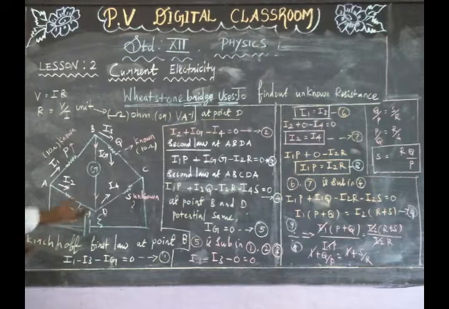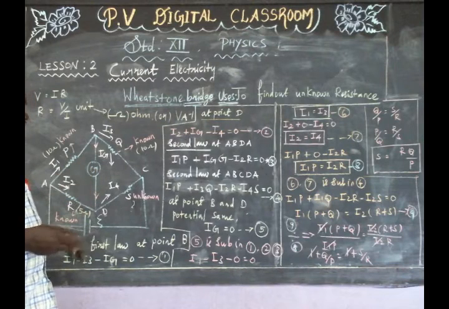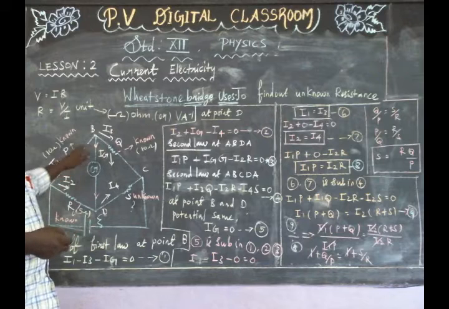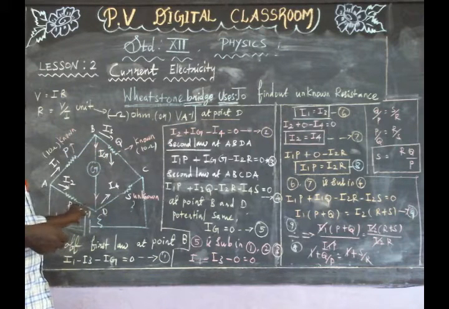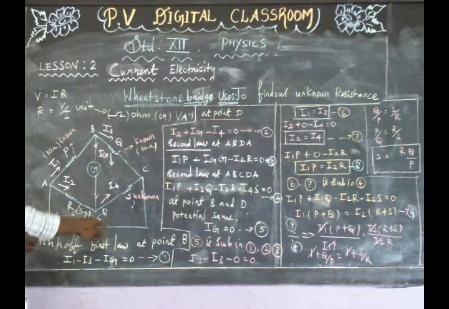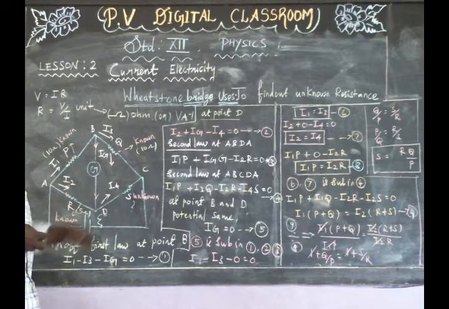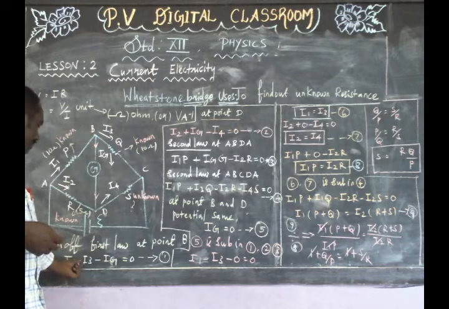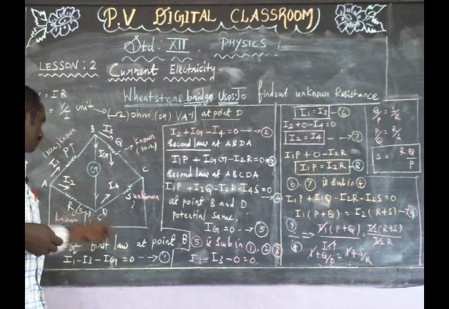This is the electric circuit. This circuit consists of P, Q, R, S, and a power supply is connected between points A and C. Applying Kirchhoff's first law at point B, I1 minus I3 minus Ig is equal to 0.